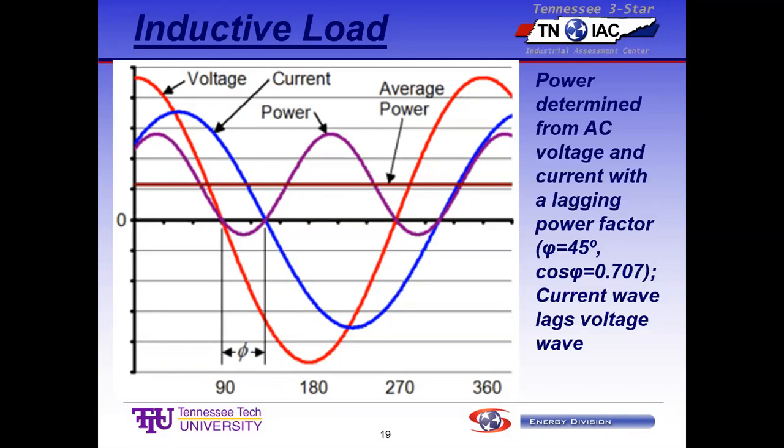I've seen bills where they'll show a leading and there'll be no penalty, and I've seen bills that show a leading and they'll charge leading and lagging in the same month. It's up to the local utility to make a decision. But because most customers have lagging power factors, when you run a leading power factor, you're helping to correct for the whole system. So you're helping them out, but they may still stick you for it.